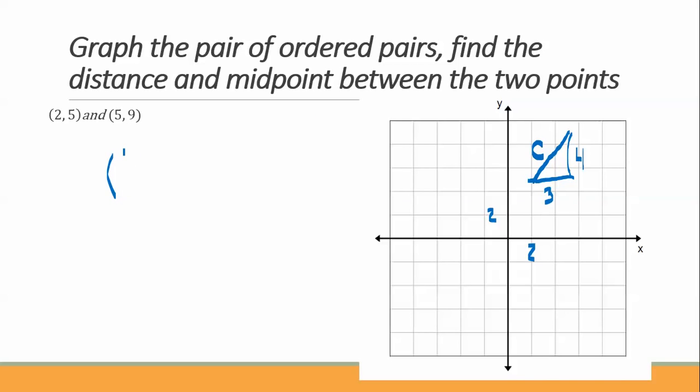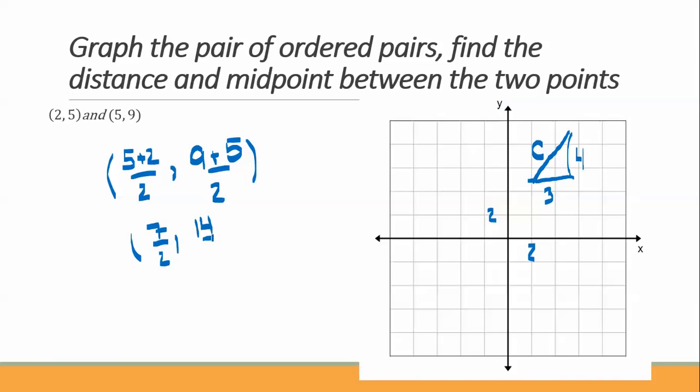So our x values is 5 plus 2 over 2, and our average of our y values, 9 plus 5 over 2. So that's 7 over 2 and 14 over 2. 14 over 2 we can simplify to 7. So we have 7 over 2 and 7.